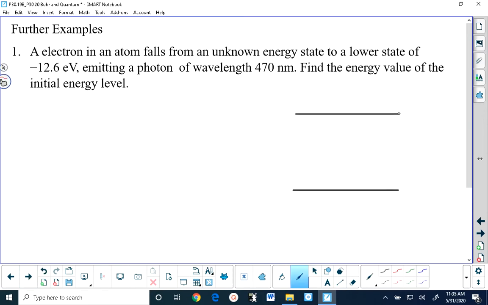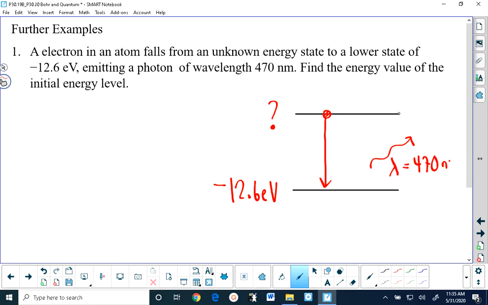So we don't know the energy that the electron has in the upper energy level, but we do know the energy value of the lower energy level is negative 12.6 electron volts. And when the electron makes the transition from the upper energy level to the lower energy level, a photon of radiation is emitted, and the wavelength of that photon is 470 nanometers.